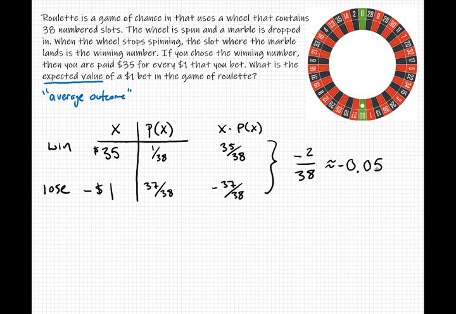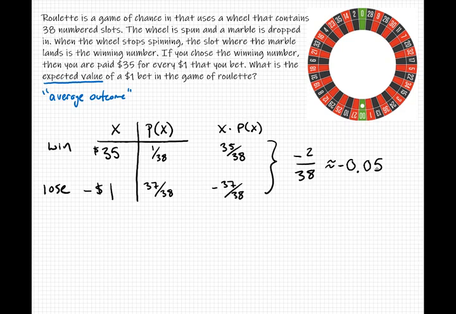Actually, 0.05263 something. But the average outcome of a $1 bet, meaning if you were to play this game over and over hundreds of times or thousands of times, on average, you would lose about a nickel for every dollar you bet. Sometimes you would win, sometimes you would lose, more often you would lose.